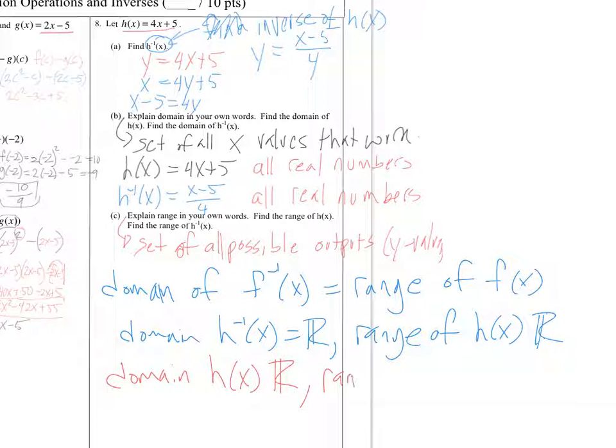The range of its inverse would be all real numbers. This is because we're switching our x and y's. And if we're switching our x and y's, that also means we're switching our domains and our ranges. And working with that, you can algebraically find the range of something by looking at its inverse function, if it has one, and identifying its domain.